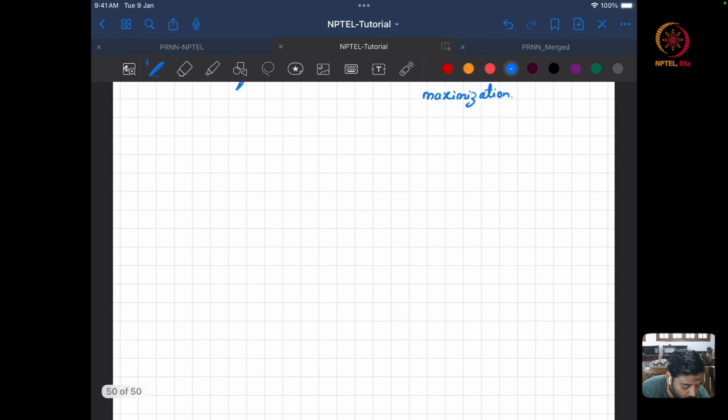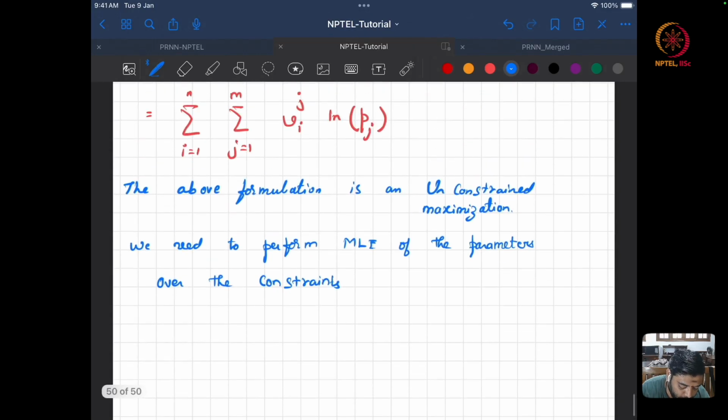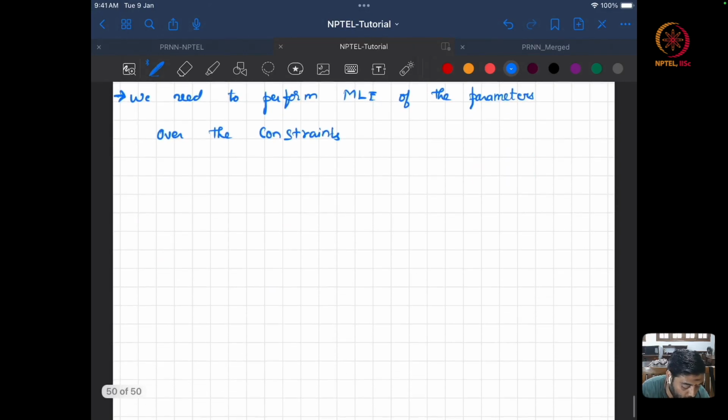So we need to perform MLE of the parameters over some constraints. What are those constraints? Pj should be greater than or equal to 0, and the summation over j equals 1 to m of Pj equals 1.